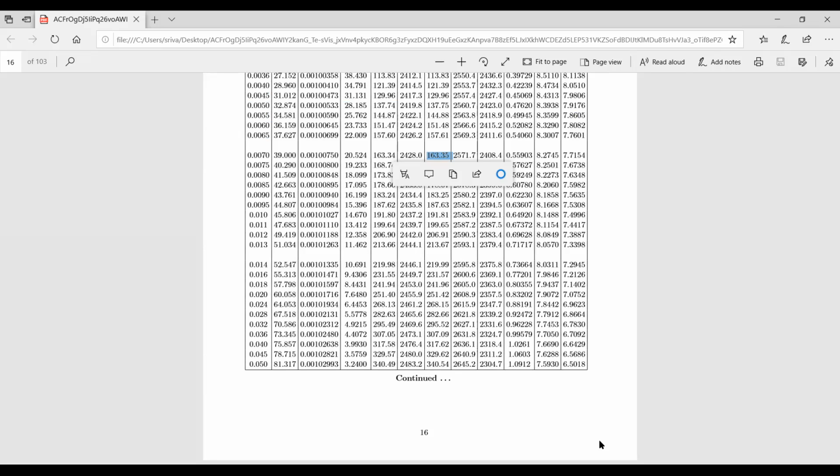Then HF7 is equal to the HF6 value. In these steam tables we have pressure in megapascals only, so 0.07 bar is taken as 0.007 megapascals. At 0.007 megapascals pressure, I have an HF value equal to 163.35. I'm going back to the presentation.